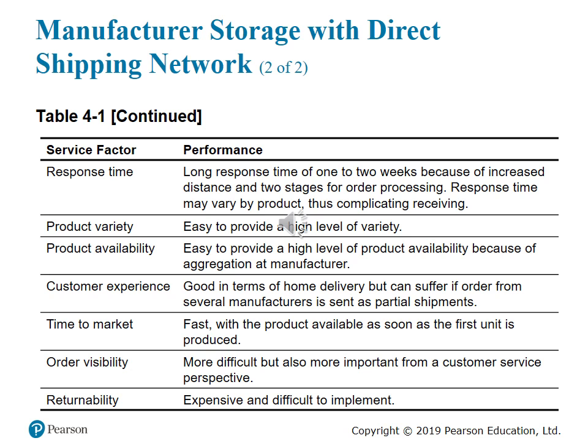Time to market: fast, which indicates that we are very fast in getting our new products to market. Order visibility: more difficult but also more important from a customer service perspective. Returnability: expensive and difficult to implement because the relationship was directly from the manufacturer to customers in terms of shipment.